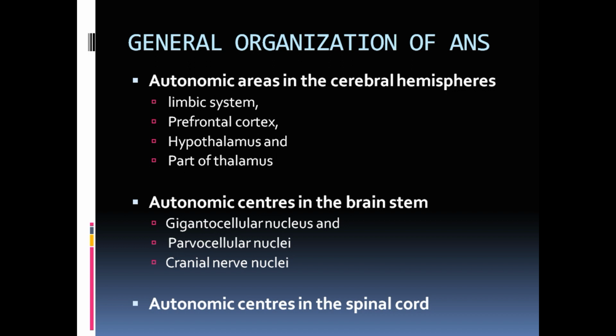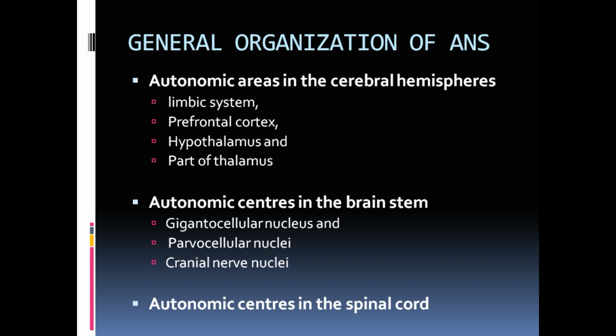The limbic system, which is also a part of emotional response, has a major control over the autonomic nervous system, as does the hypothalamus, which is also called the head ganglion because it receives sensory inputs from various parts of the body and then gives a response in the form of endocrine and autonomic nervous system output to control the environment of the body. Various other outputs come from the prefrontal cortex as well as parts of the thalamus, that is, the output from the cerebral hemisphere.